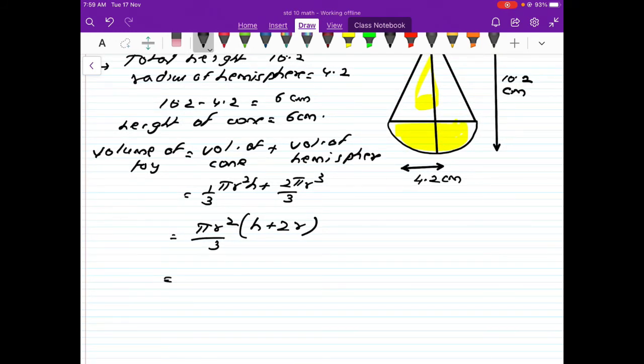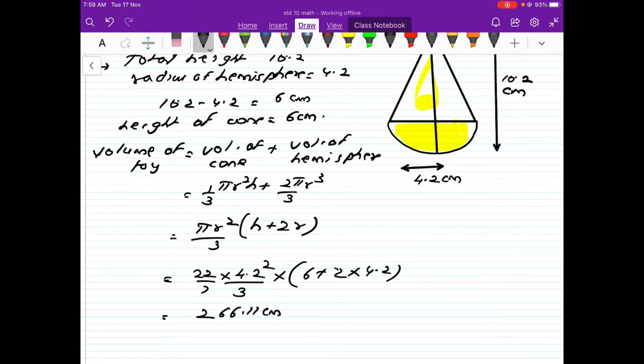So this is pi, means it is 22 by 7 into r square. What is r square given to you is 4.2 square upon 3 into h. The h which we found out is 6 plus 2 into the radius. The radius is 4.2. So when we calculate this, we are getting 266.11 centimeter cube. So that is the required volume of the toy.